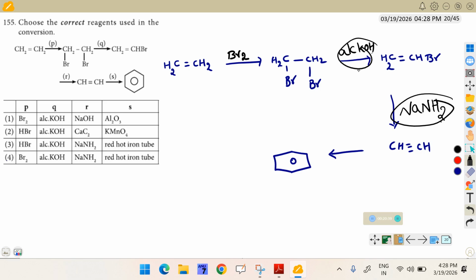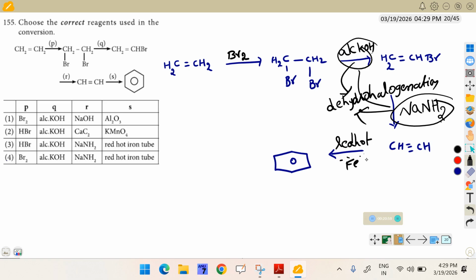Alcoholic KOH and NaNH2 both act as dehydrohalogenating agents. The dehydrohalogenation process takes place in both cases. Now the alkyne, through a red hot iron tube, gives benzene. So the correct option is the fourth option.